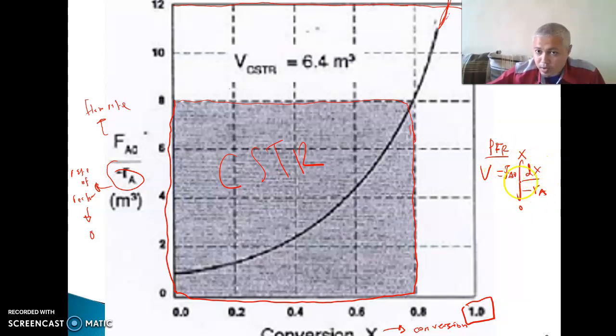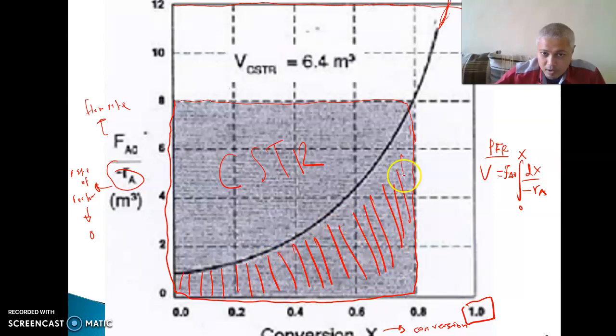This is in terms of an integral, which means the integral gives us the definition of the volume under the curve. This is the volume for PFR. So at 0.8 conversion, this whole thing will be the volume for PFR.